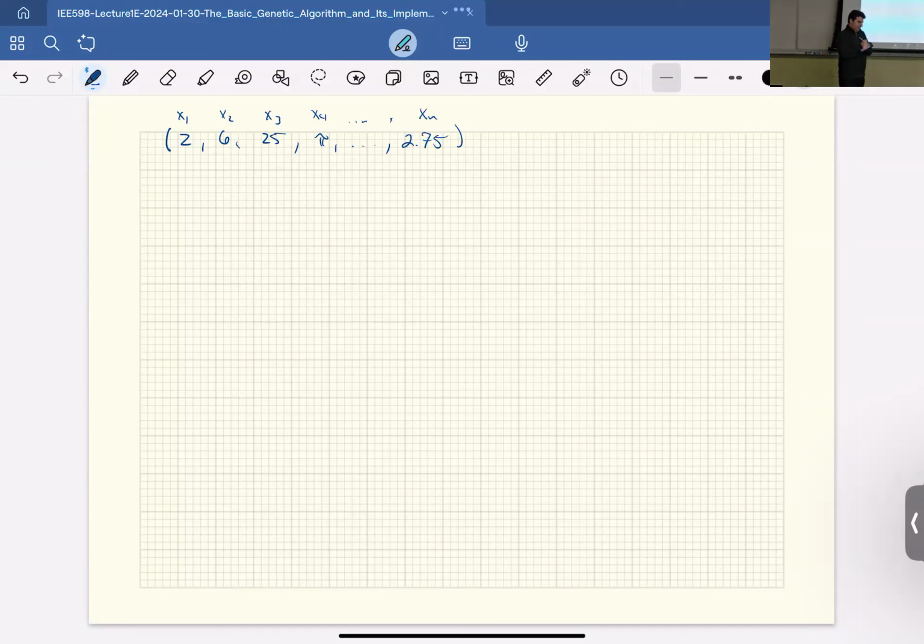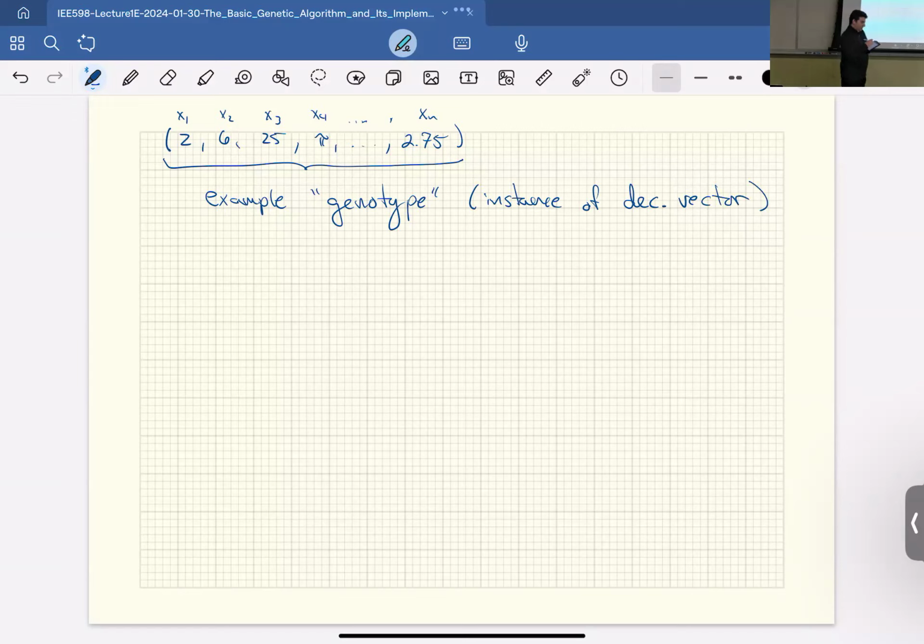So this is just an example genotype. That's a particular instance of the decision vector. And so these genotypes are candidate solutions.